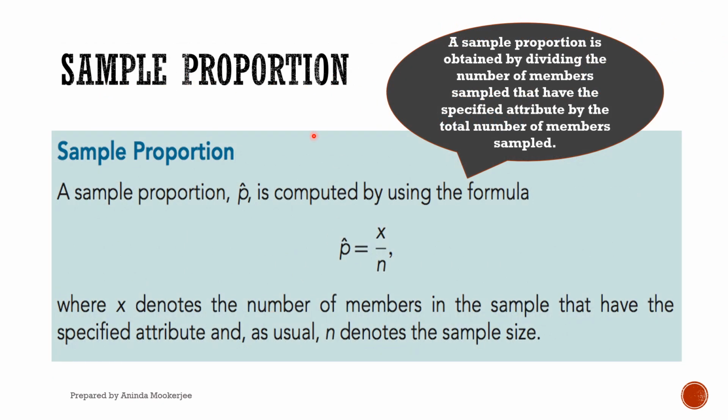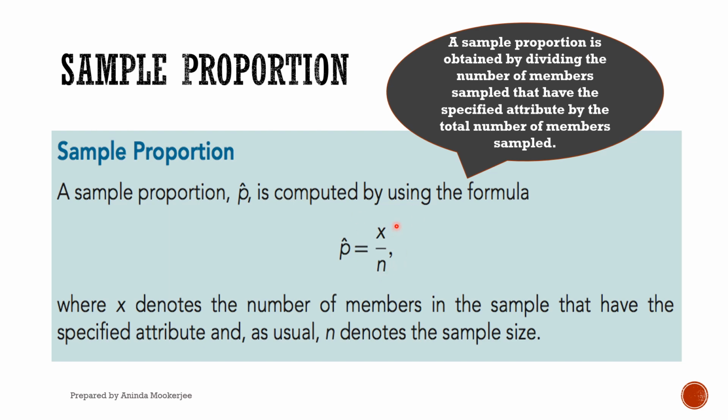As in the study of means, in the study of proportions also we work with samples, because the population is so large, it's not feasible to work with the entire population. So we draw a sample, a representative sample from our population. Okay, so the sample proportion, denoted as p hat, is calculated using this formula here, x divided by n.